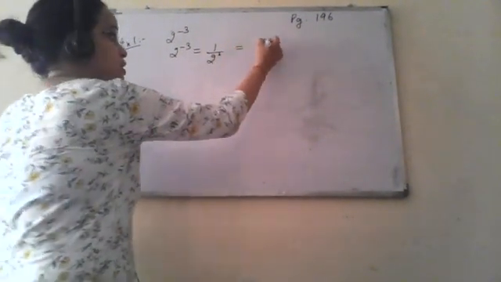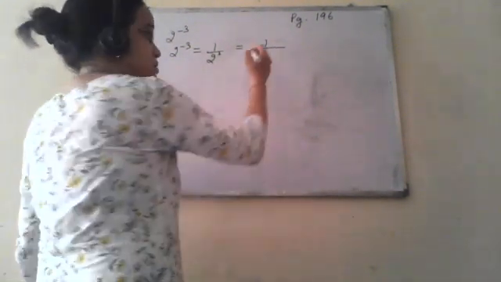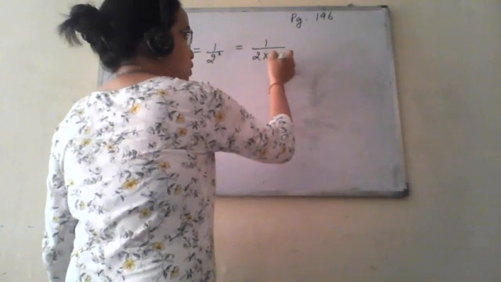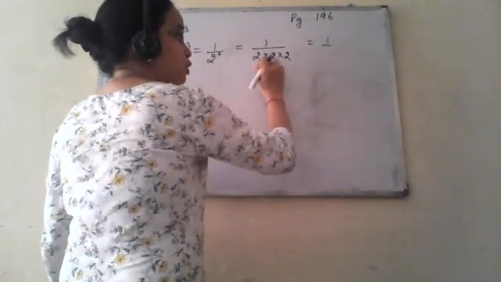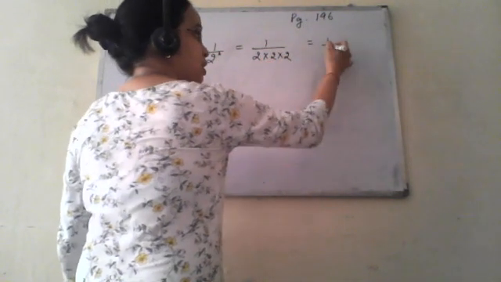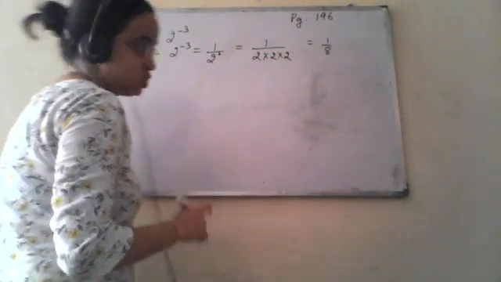Now 2 has to be multiplied 3 times, that is 2 into 2 into 2, which is 8. So the value of 2 to the power minus 3 will be 1 upon 8.